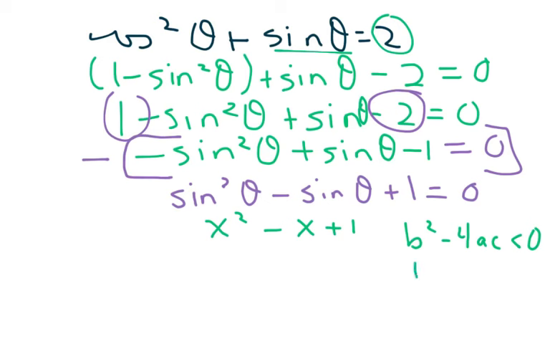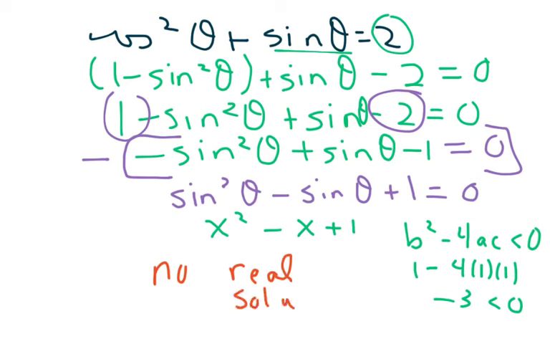So we have 1 minus 4 times 1 times 1. So this would be negative 3, which is less than 0. So I have no real solutions here. We have complex solutions. You know, we do have i's going on in here, but they want real solutions.